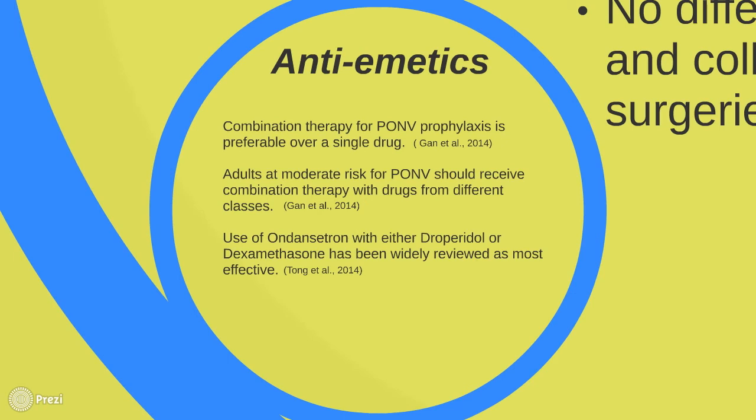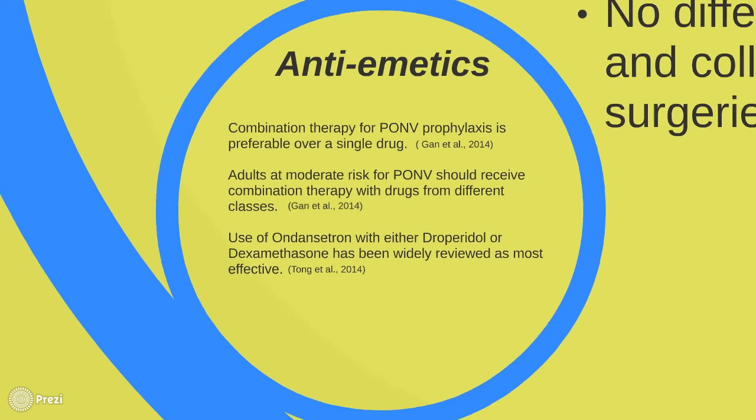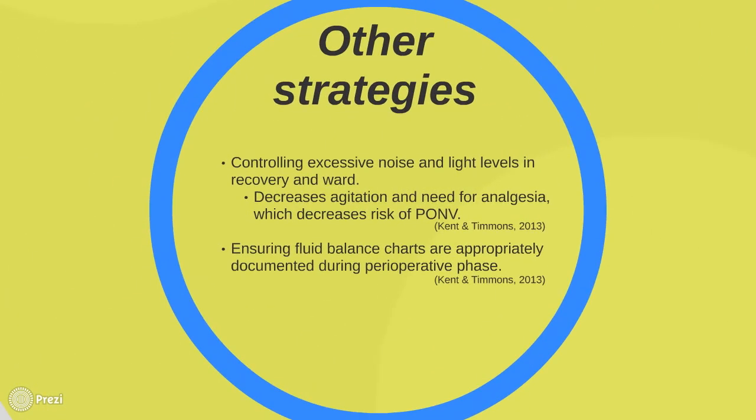Adults at moderate risk for postoperative nausea and vomiting should receive combinational therapy with drugs from different classes, as the efficacy is optimized when combination of drugs with different mechanisms of action are administered. Through my research, it has been found that ondansetron with either droperidol or dexamethasone are most widely studied and most widely preferred.